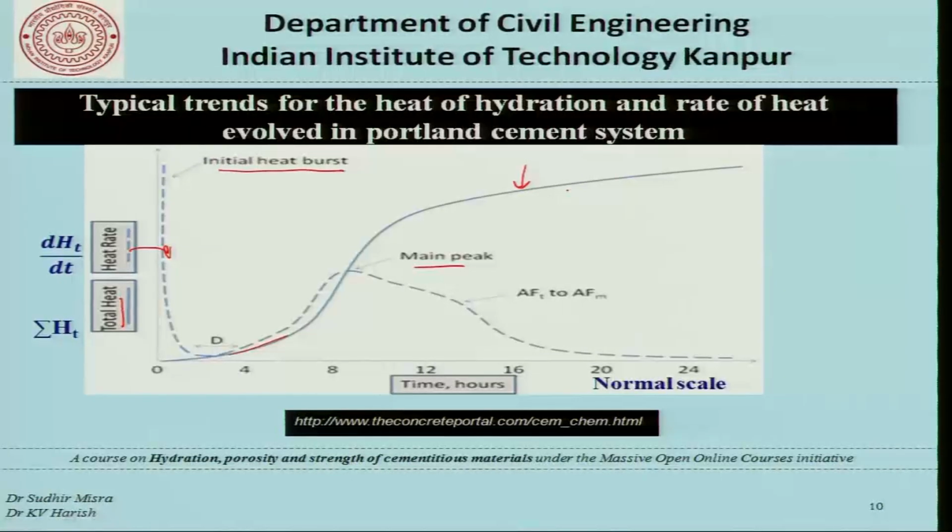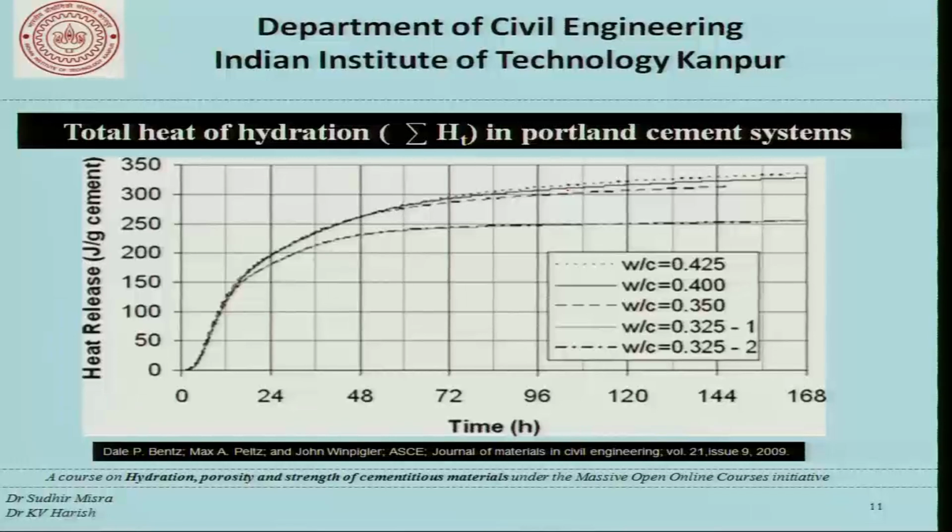If we look at this a little more closely, here we show the total heat of hydration in Portland cement systems for different water cement ratios and the heat released in terms of joules per gram of cement at different points in time.